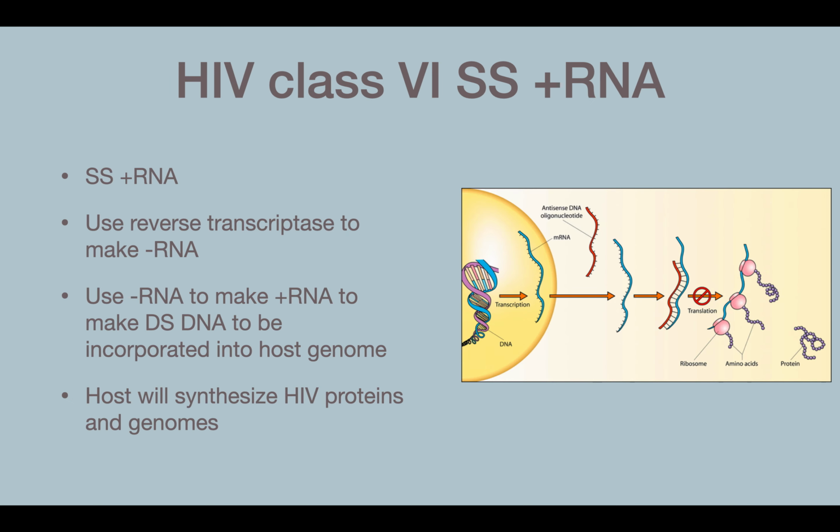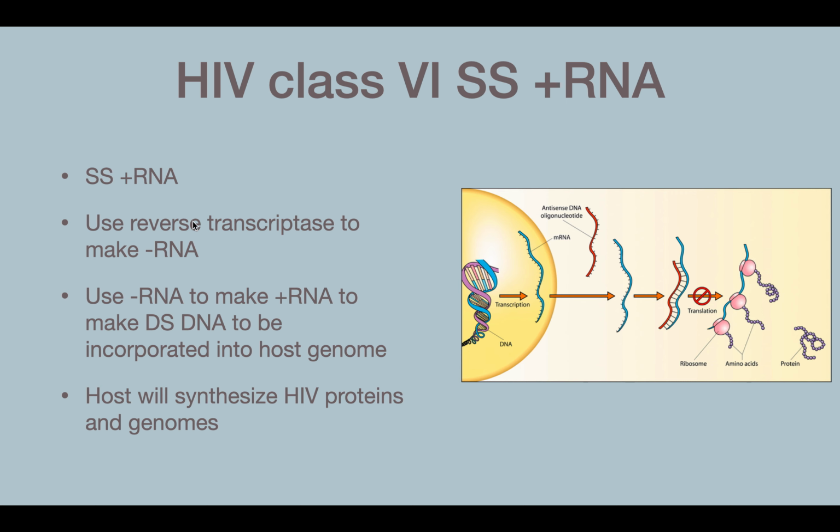Okay, so HIV is also a class 6. It's a single-stranded positive RNA, and this one's unique because it uses reverse transcriptase to make the negative RNA. So using the negative sense RNA, it's going to make positive RNA in order to make the double-stranded DNA in order to be incorporated into the host genome.